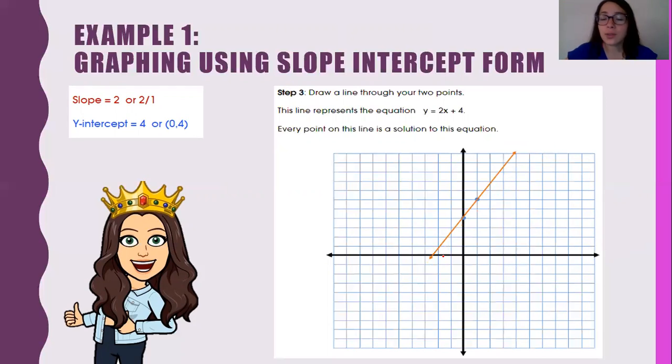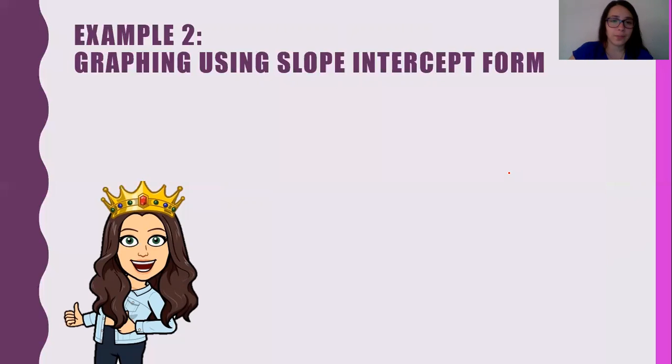And that's your line. Just so you know, and this is something we covered before, every point on this line is a solution. So if I ask, is (2, 8) a solution? I would say (2, 8) is a solution because it lands on the line.